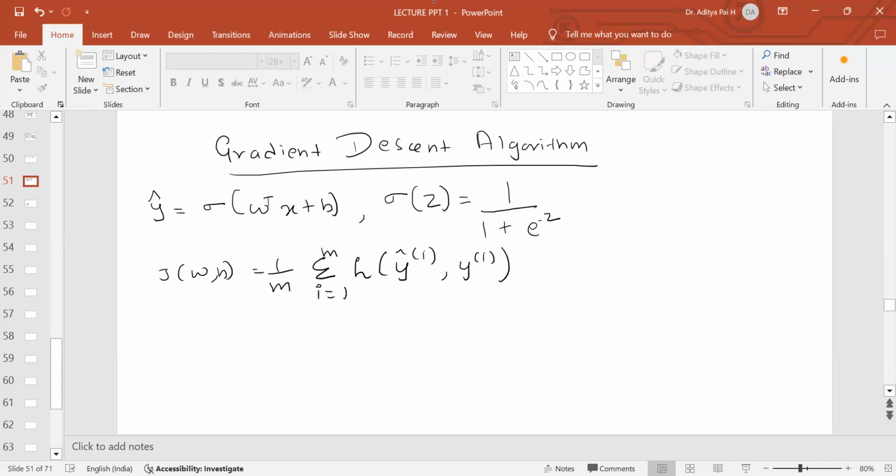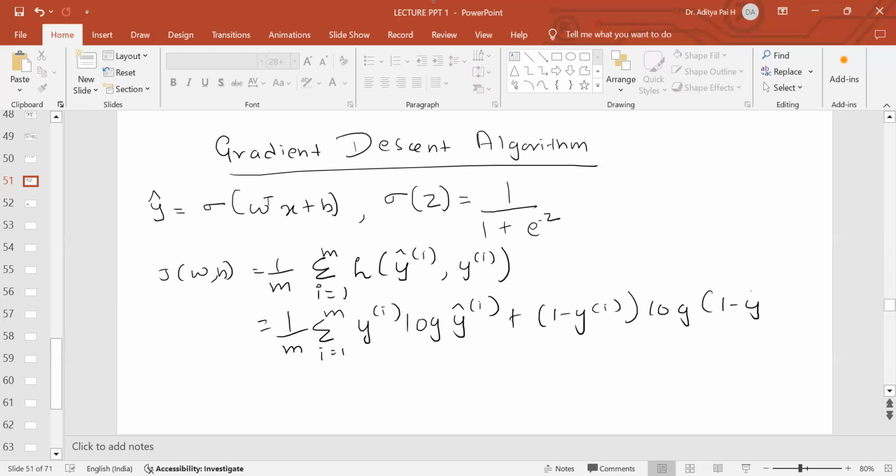And if we elaborate the loss function, we get 1 by M summation of i equal to 1 to M, y i log y hat i plus 1 minus y i log 1 minus y hat i.